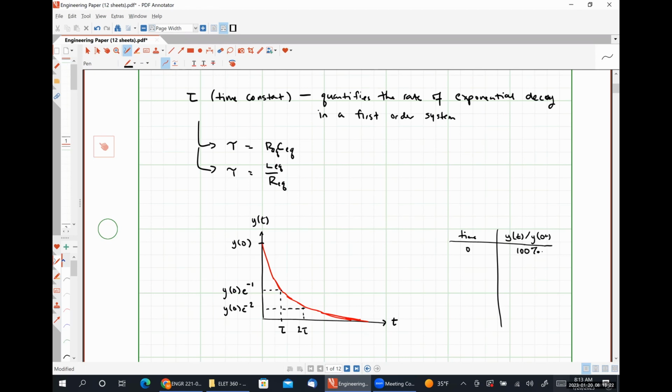Okay. In 1 time constant, our signal has decayed to e to the minus 1, which is 36.788%.